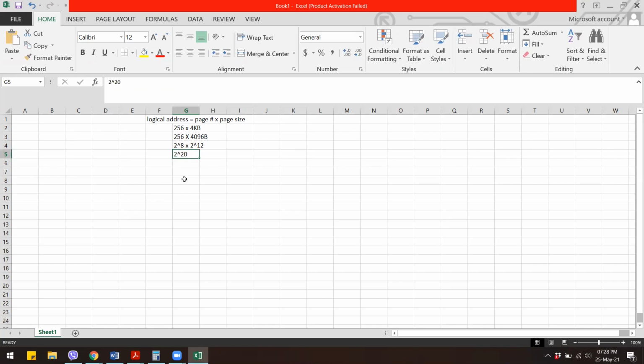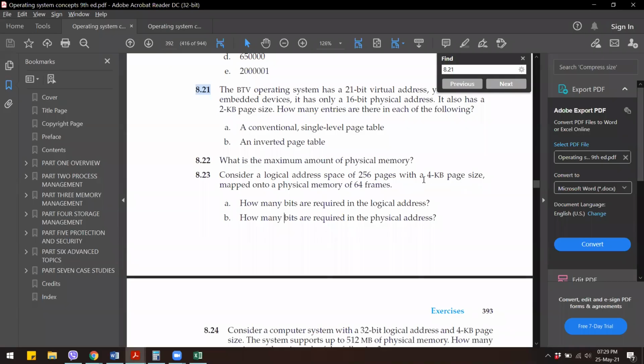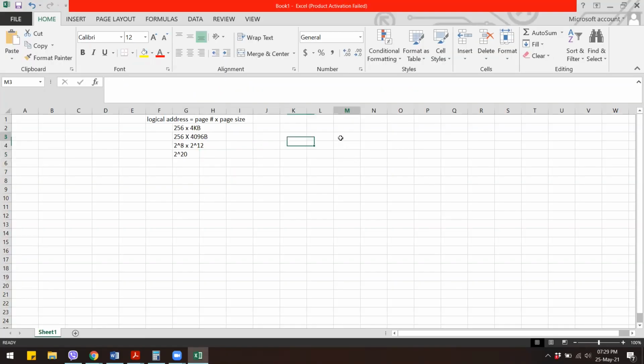We can use the other method to answer this question as well. Here the page size is 4 KB, so 4 KB is 4096, and we need 12 bits to represent 4096. That is, 2 power 12 is 4096. So in the page size or the offset part, we have 4096, and that is 12 bits.